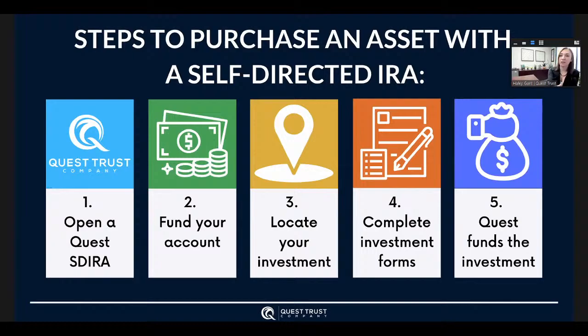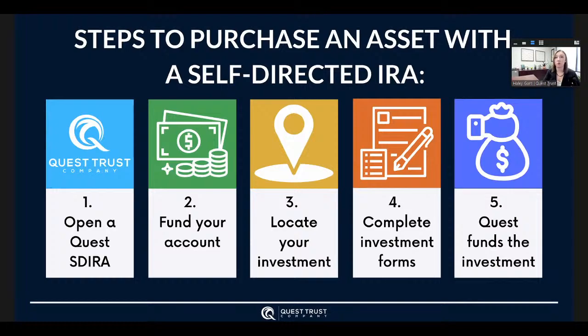Now, one other thing I do want to touch on here when it comes to step number 2 is the time frame. To fund your account at Quest, especially if you're moving funds from a different custodian, that time frame is completely dependent on how quickly or how slowly they want to send us those funds. That process can take anywhere from 3 to 5 days to 3 to 5 weeks.